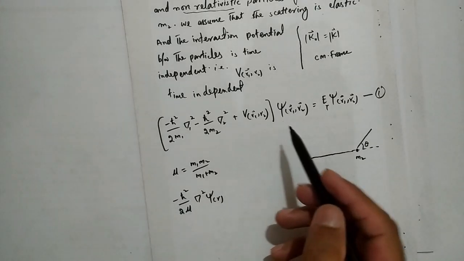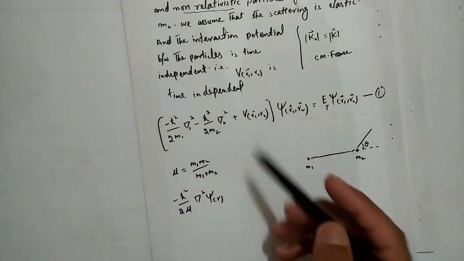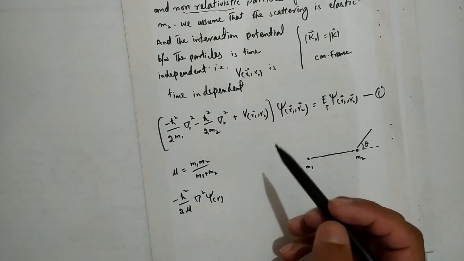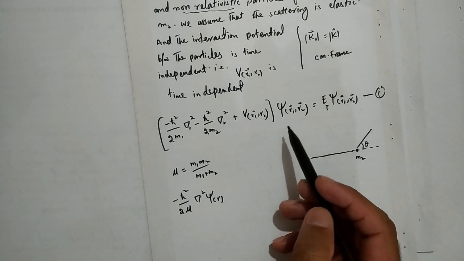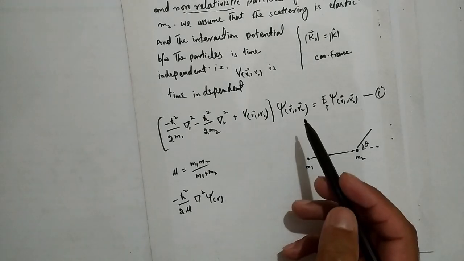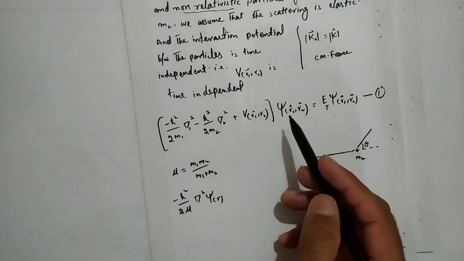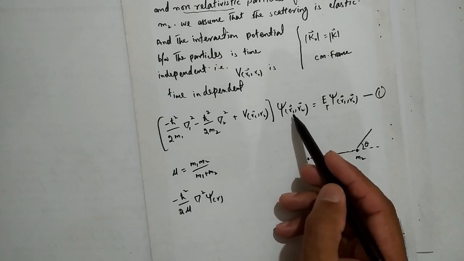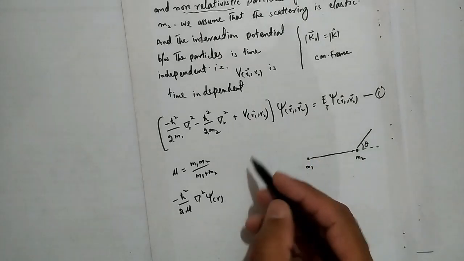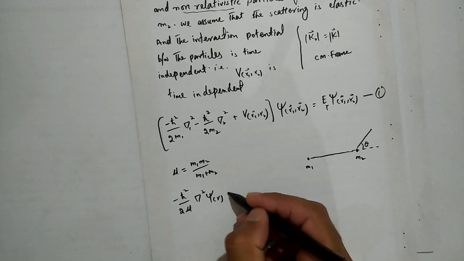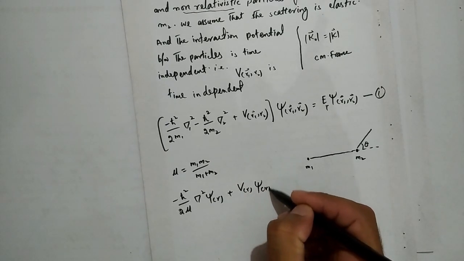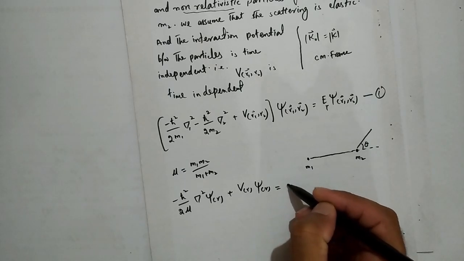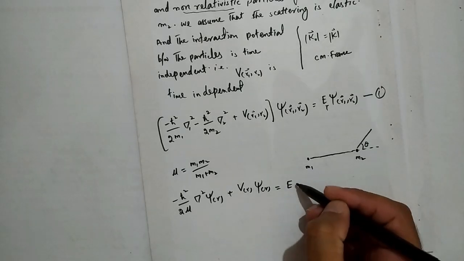The wave function is now time independent, so we can write it as psi of r. It is not necessary to write it as psi of r1 and r2.